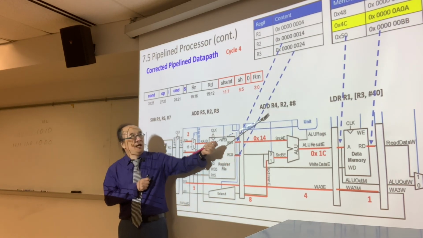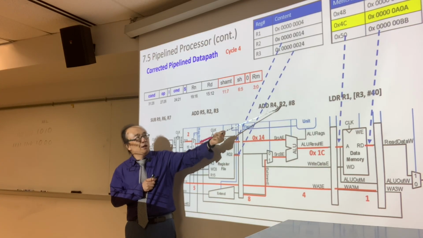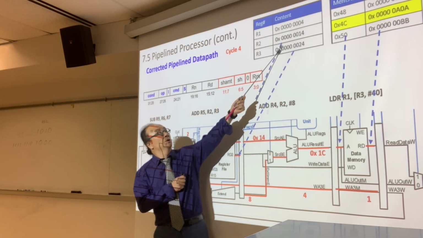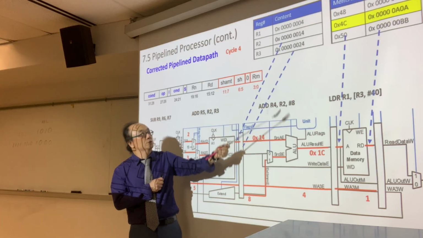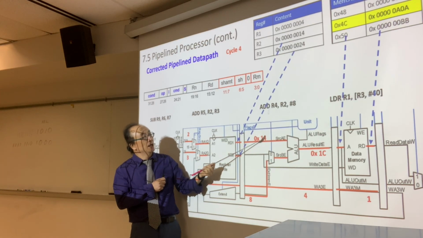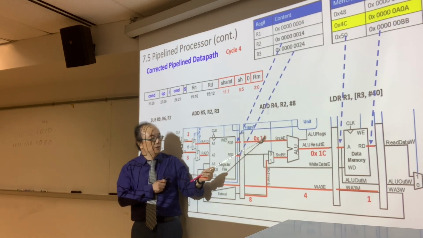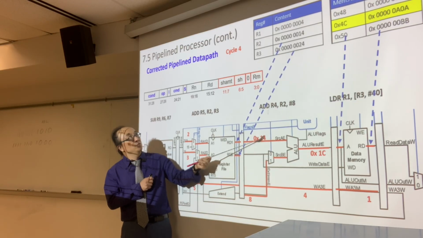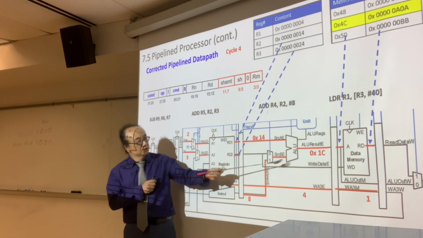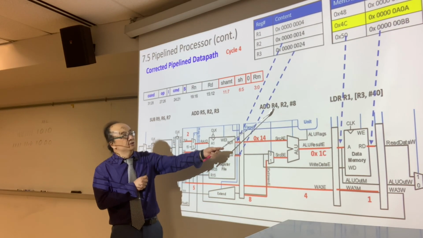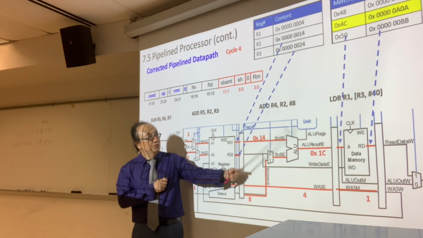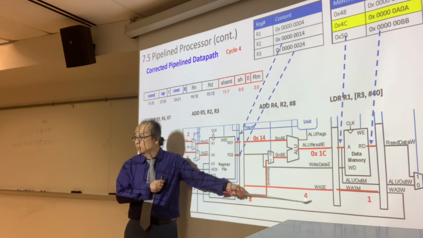And for this add instruction, we need the content of R2, which is 00000014, and then the immediate value is 8. When we add these two, it's going to be 1C. This instruction's RD is 4, so we want to keep that.